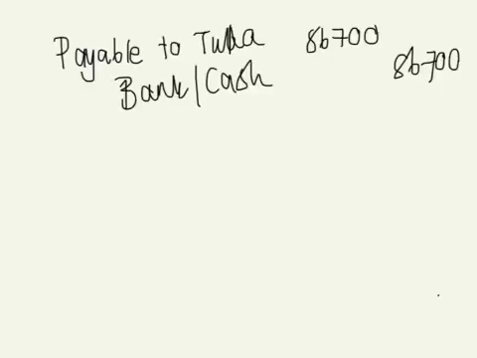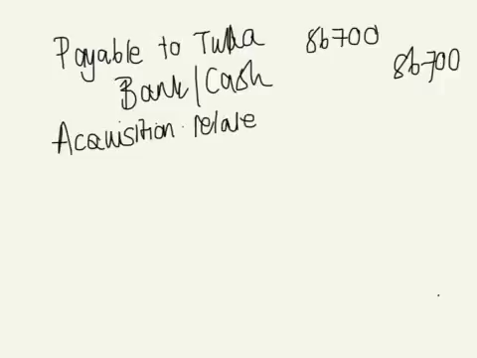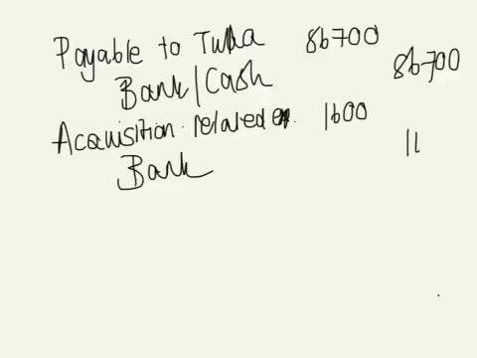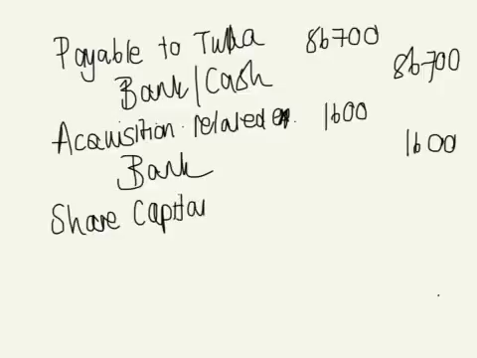Then the acquisition related expenses need to be expensed as they're incurred. So that was the 1,600. But the share issue costs is set off against share capital because it basically reduces what we get out of the issuing of the shares.